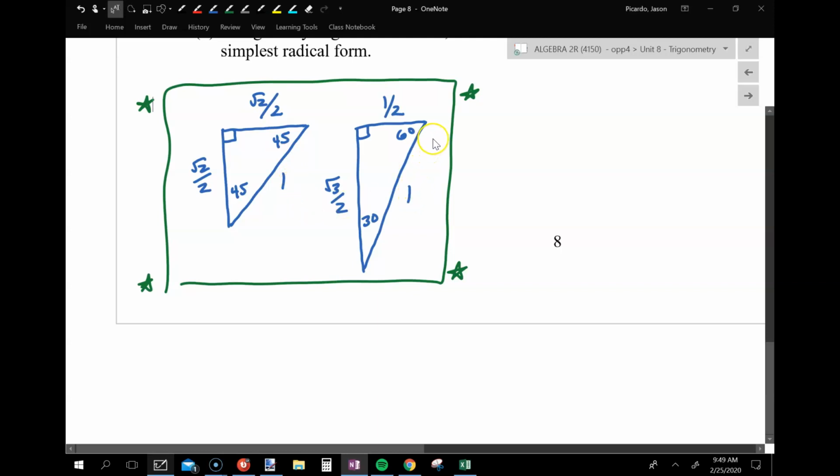Caesar, how long is the side across from 60? Radical 3 over 2. In both of these pictures, how long is the side across from 90? 1, right? So you need to be able to answer what's across from, okay? What's the hypotenuse in both of these pictures? 1, right? Okay, so this is all real important. You're going to have to know these pictures by heart. You're going to see why right now, okay?